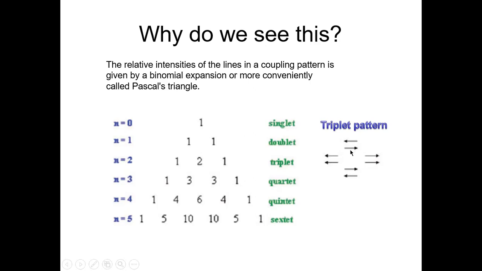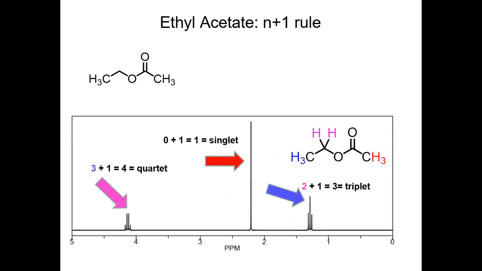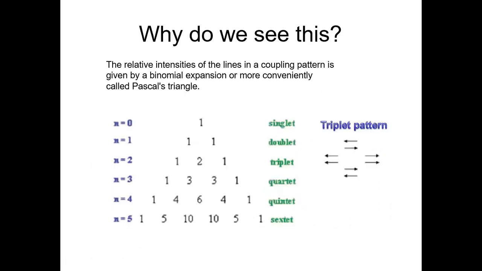So one with and one against. And then here you can see the top arrow is going the opposite direction. So one with and one against. So that is what a triplet looks like. That's why if you look at the triplet, the middle line is higher than the two outer lines. It's because of how that set of protons is experiencing the neighboring protons' magnetic fields, right? And this works for any molecule. If there's complex splitting, then the model changes a little bit, but it's still based off the n+1 rule.